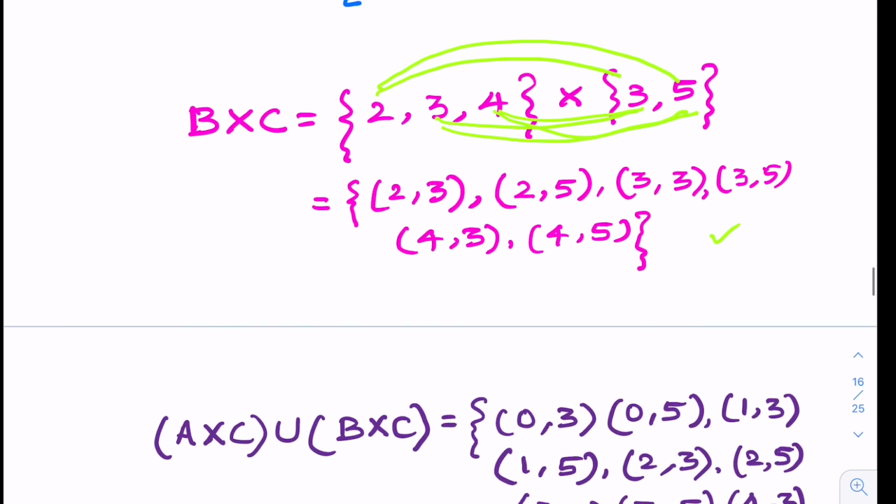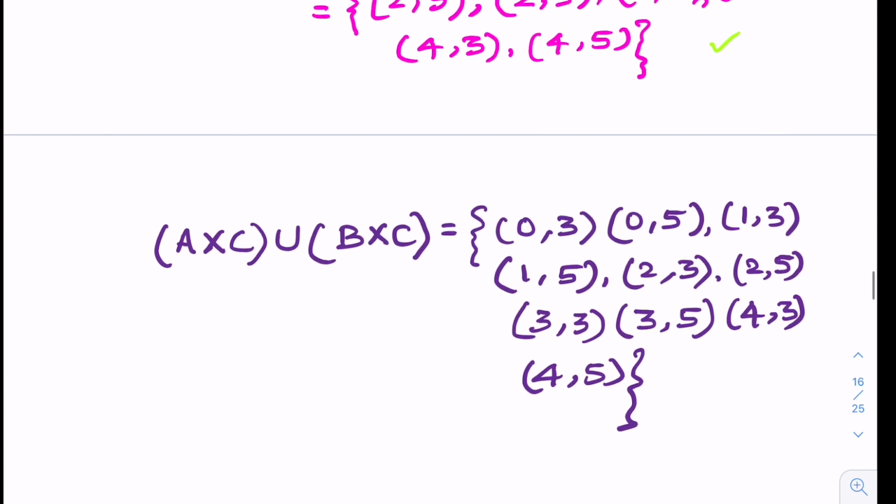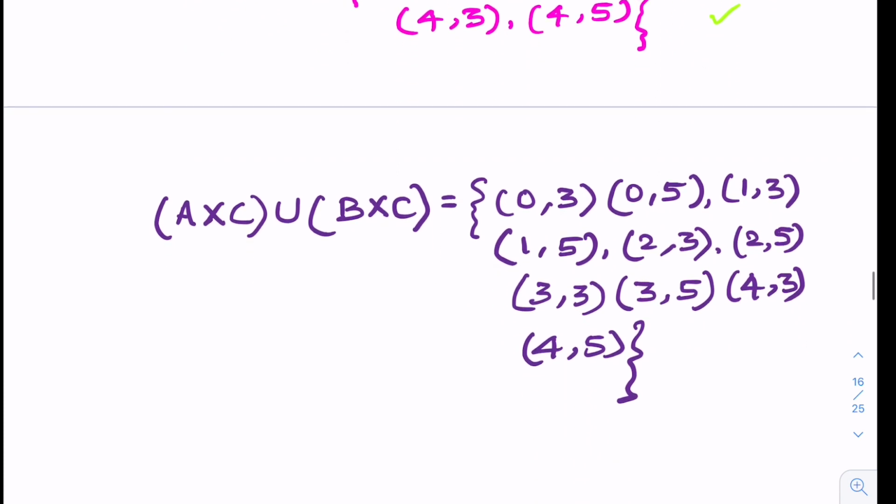We will join both these sets and form a single set. So we get A cross C union B cross C as a set of ordered pairs (0, 3), (0, 5), (1, 3), (1, 5), (2, 3), (2, 5), (3, 3), (3, 5), (4, 3), (4, 5). So let us name this as equation 2.